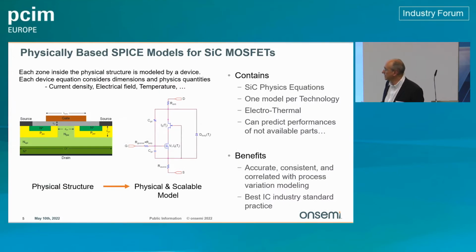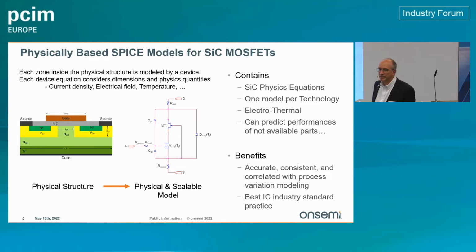So let's introduce why we call them physical and scalable models. If we look at the silicon carbide structure, we have many parasitic components inside. It's not just a MOSFET. What we did inside Onsemi is model each of those parasitics inside the SPICE model, taking into account the physical equation of each device.